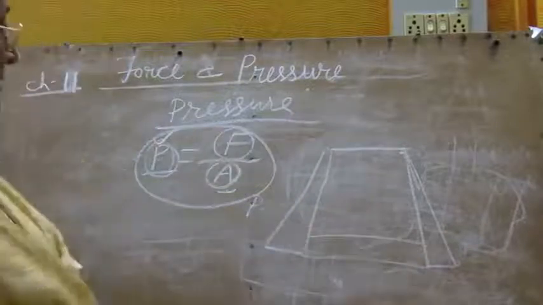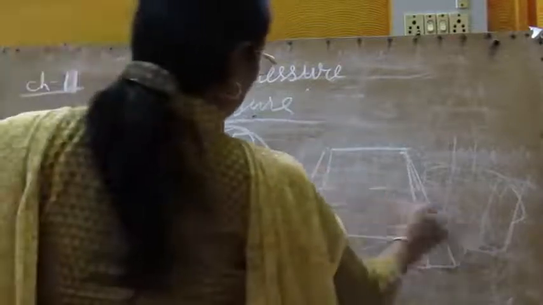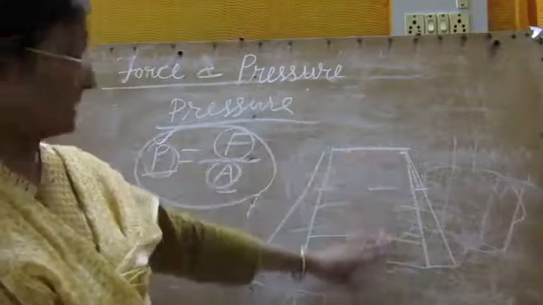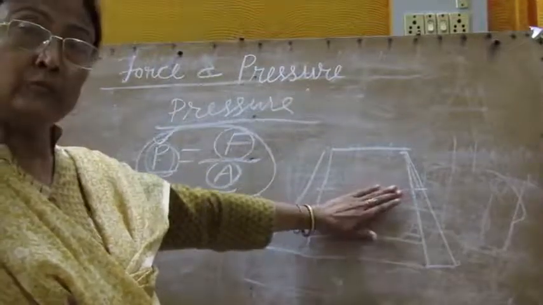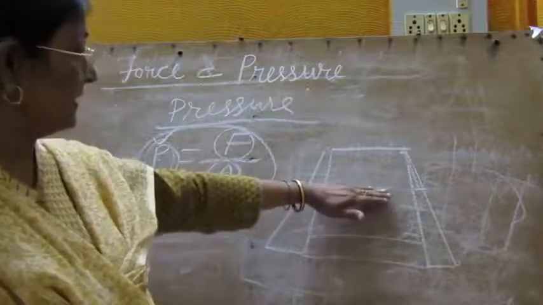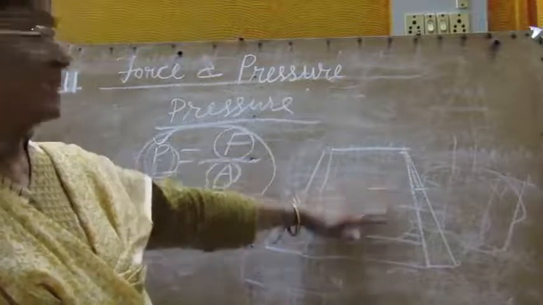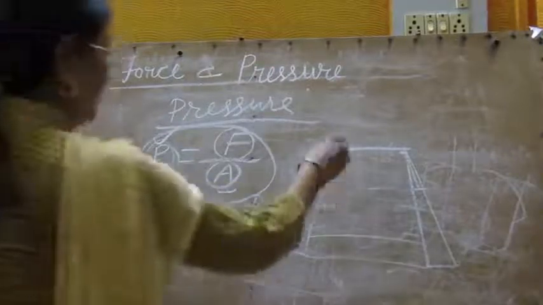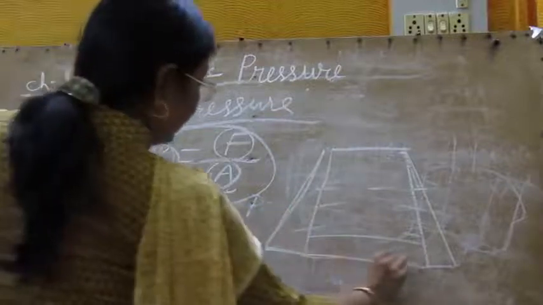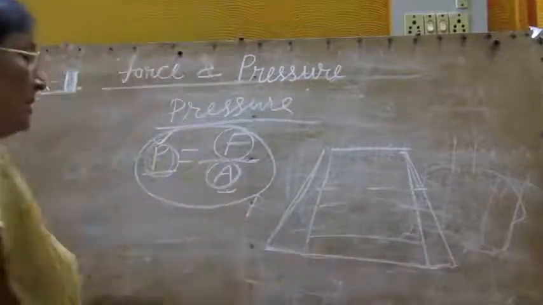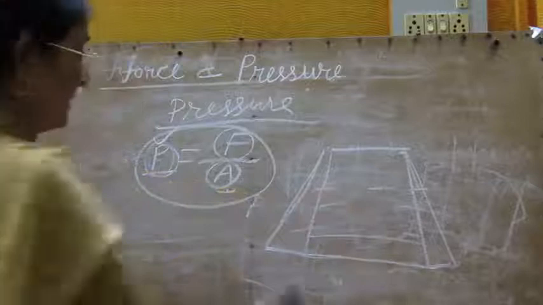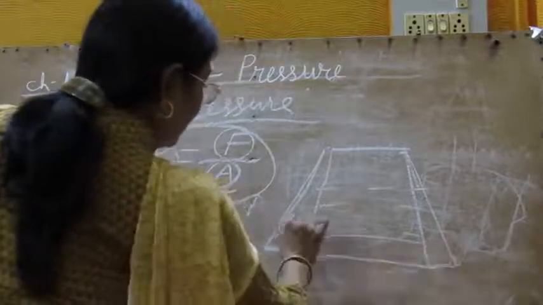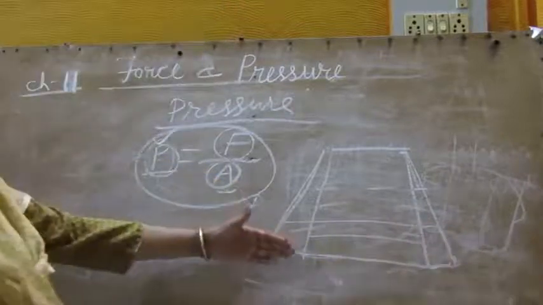Why? Because the water behind the dam wall is too much, and the water exerts too much pressure on the wall. As the depth increases, as the water level increases, the pressure also increases. To handle this, we make the bottom of the wall wider.